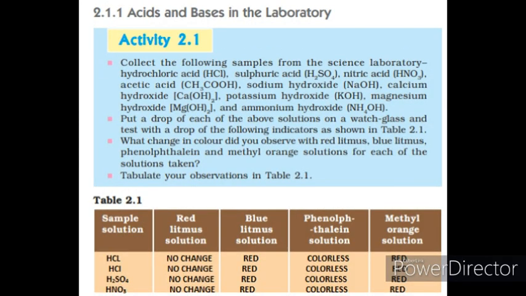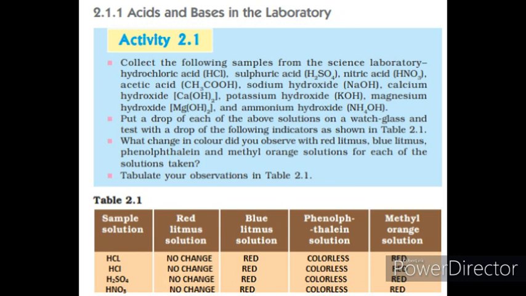In this activity, we are given certain samples and we have to test with the help of the following indicators whether the solution is acidic, basic or salt. So let's check it one by one. First, we will consider all the acids like HCl, sulfuric acid, nitric acid, acetic acid.